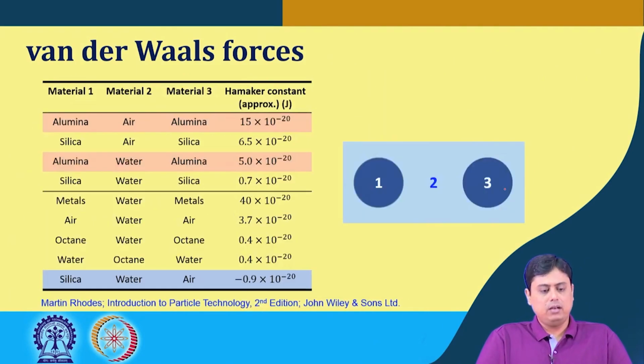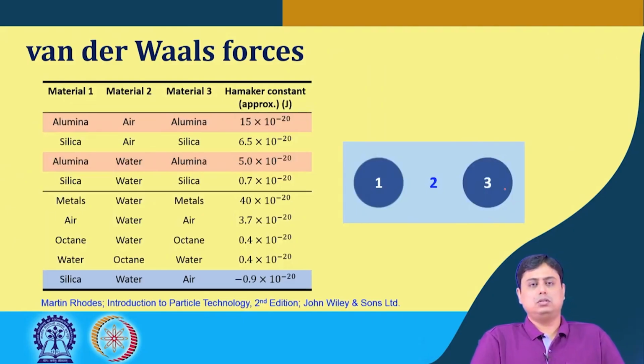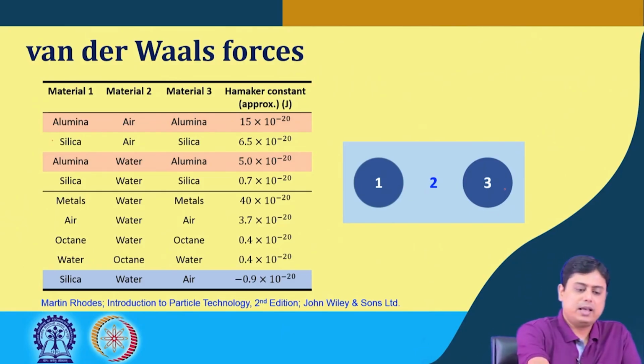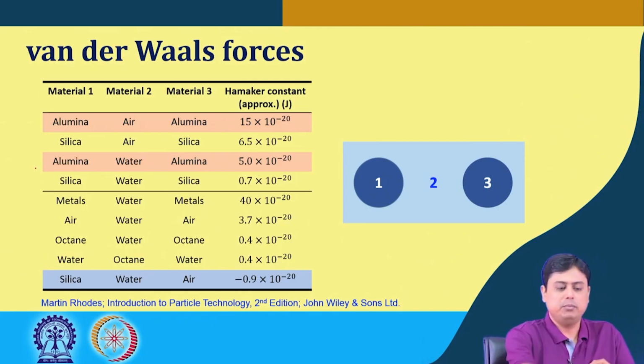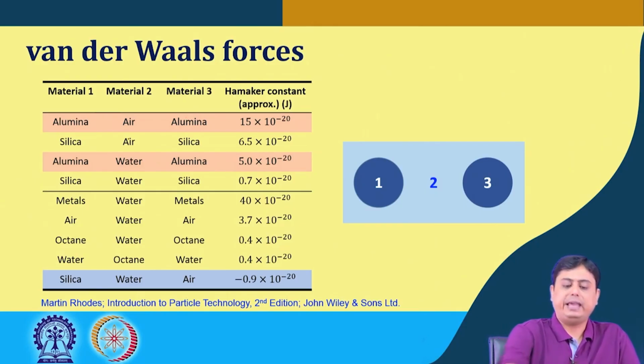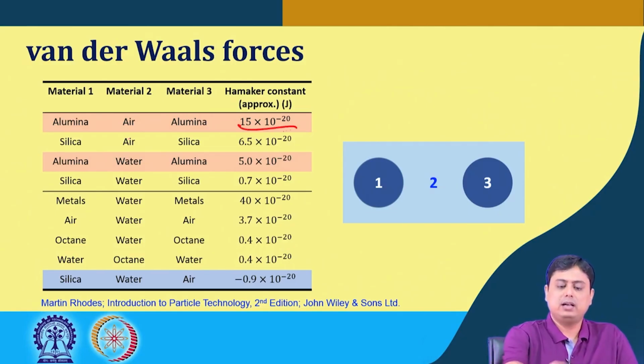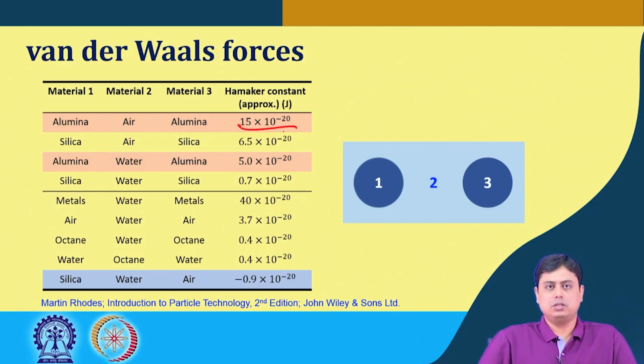Now, typical values of these Hamaker constants are given in this table. So, what is noteworthy in this table? We have different materials, say alumina and alumina separated by air. In this case, we have a Hamaker constant value in the order of 15 multiplied by 10 to the power minus 20 joule.